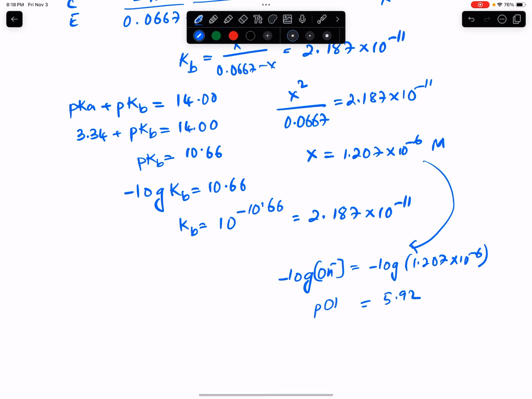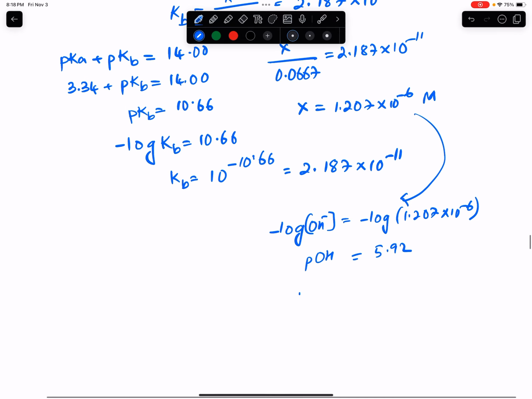And that is the pOH. Therefore pH is equal to 14.00 minus 5.92, which is 8.08. And that's the pH after addition, the pH at the equivalence point.